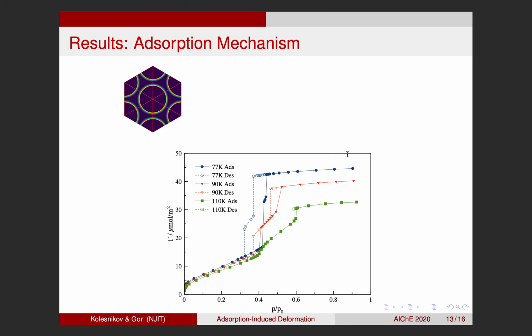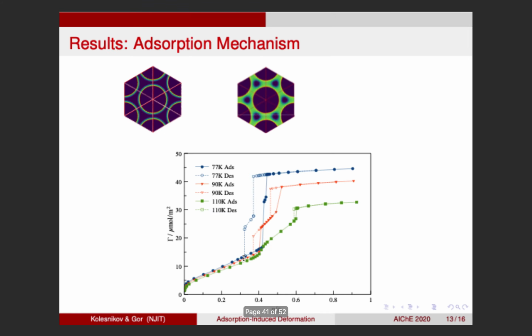So what's the mechanism here? I'm showing here the density plots for these calculations. In the initial region here, we have adsorption on the surface of the rods of thin liquid films, right? So a polymolecular film is growing here. Then at this point, let me consider, for example, the red curve. At this point, the first capillary condensation takes place.